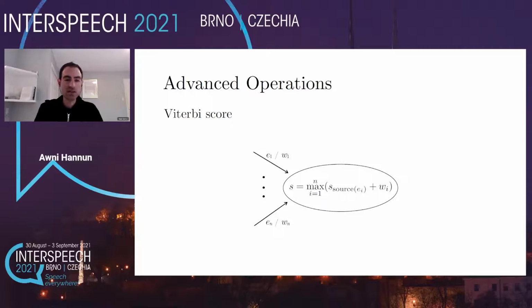So we take the max over all arcs of the weight of that arc plus the Viterbi score of the source node of that arc. And that's what this notation here means, the S source E.